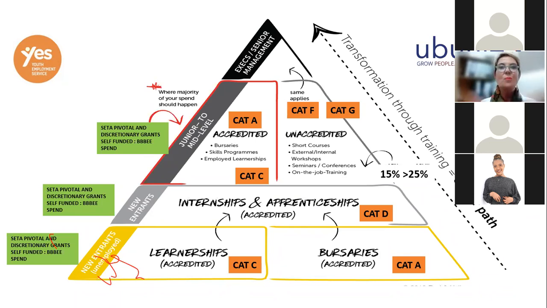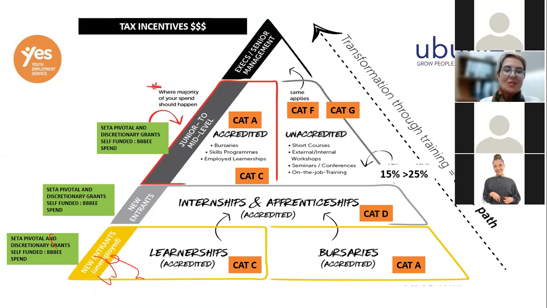And it opens up opportunity to a whole lot of people that normally would not have had that, but it takes good planning. So the added benefit, of course, of implementing these programs is tax incentives to your organization.